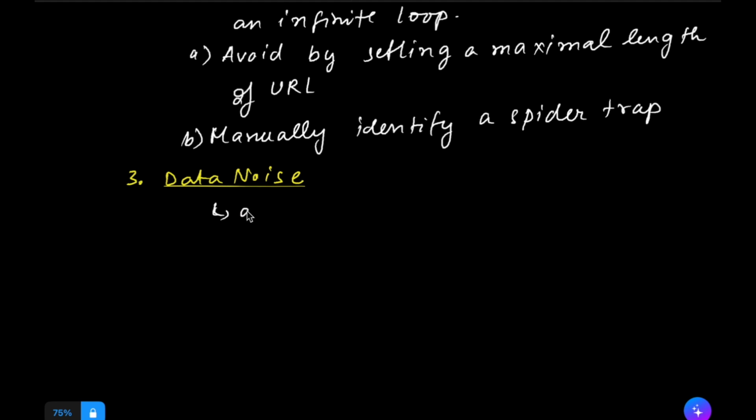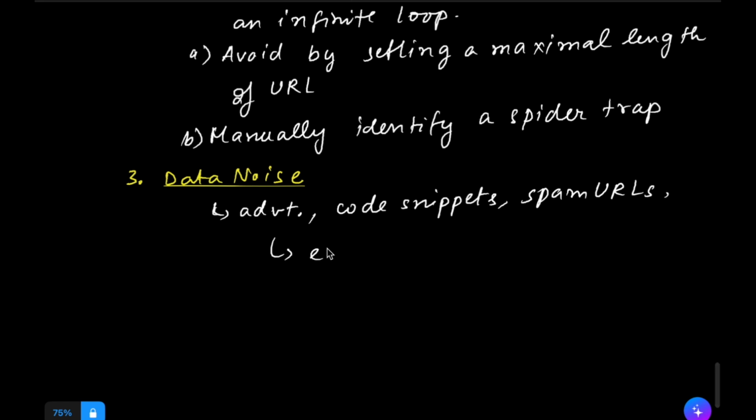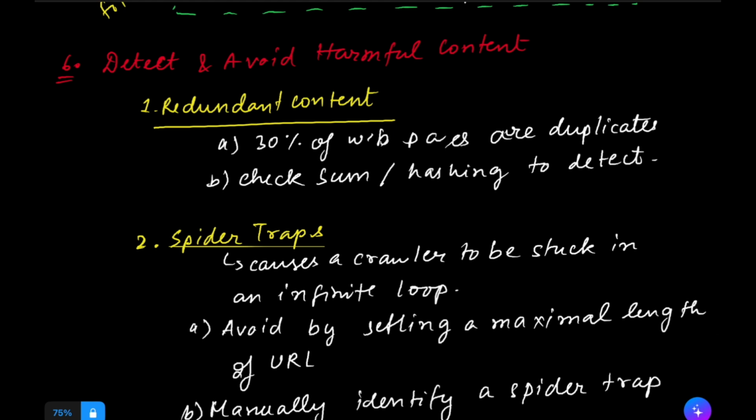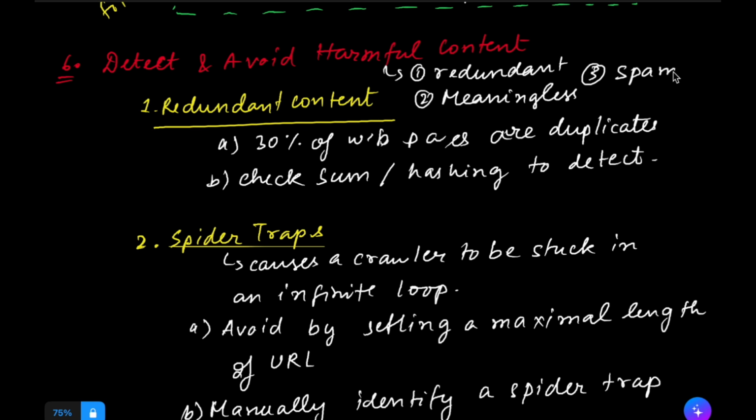So data noise like advertisements, code snippets or spam URLs is of little or no value, so exclude these contents. In this way we can handle the situations of redundant or meaningless content or spam URLs.